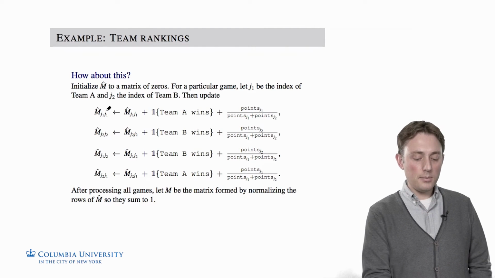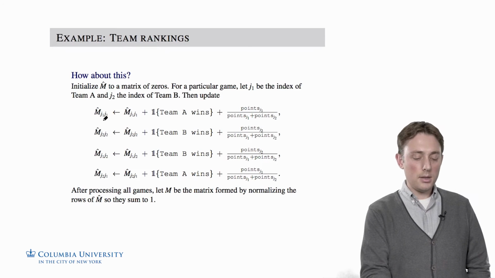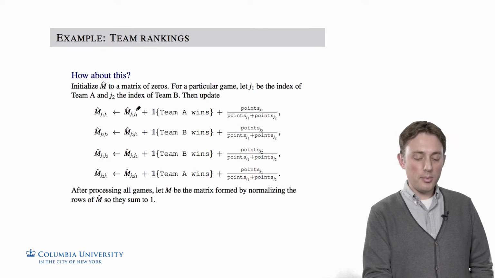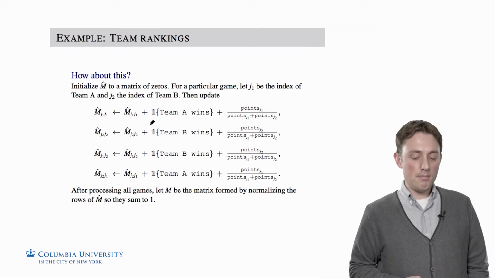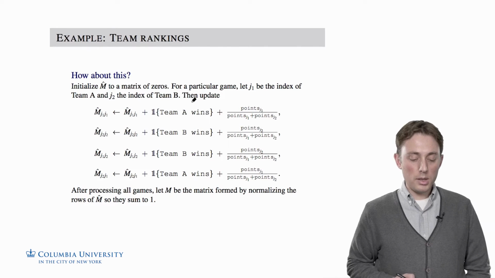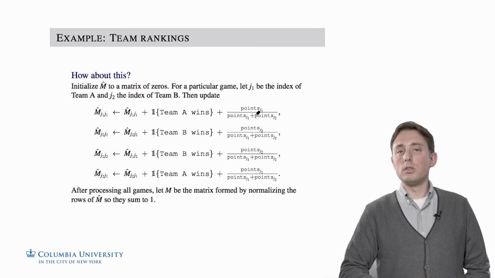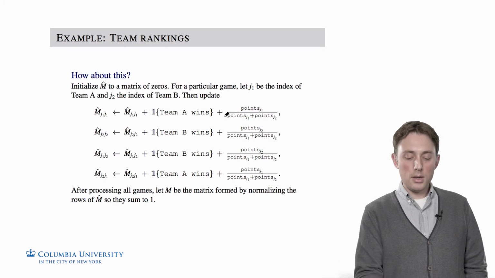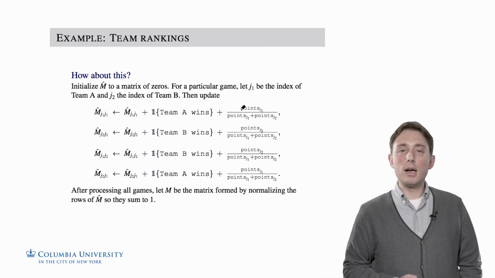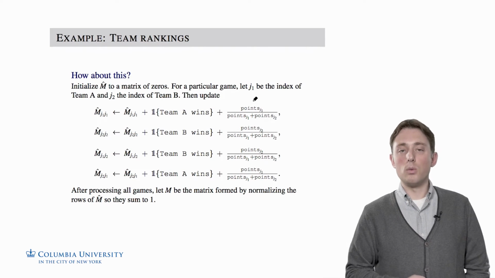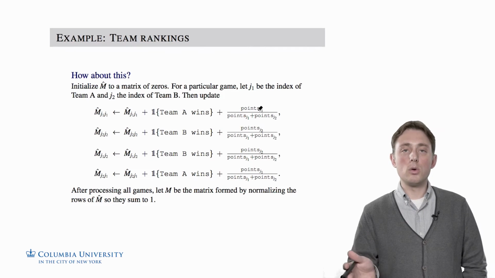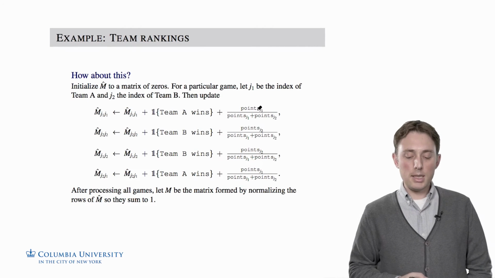So we say that team J1 can now update the weight of transitioning to itself by taking the old weight, adding to it an indicator that it won the game. So this is either 0 or 1, depending on whether that team won the game. Plus, for example, we can add the fraction of the total points that it had. So if it's a close game, this will be close to 0.5. If it's a blowout, this will be close to 1. It's a fraction of all the points scored in the game that were scored by team J1.